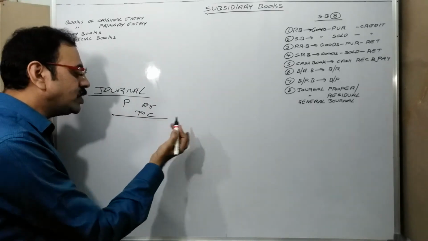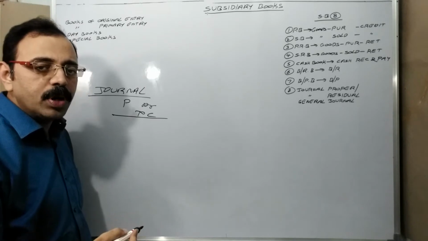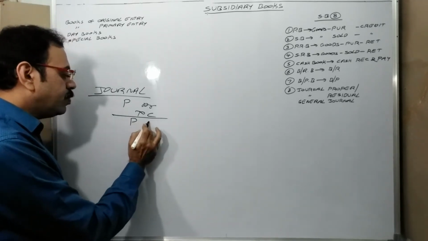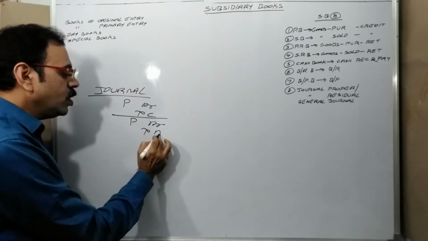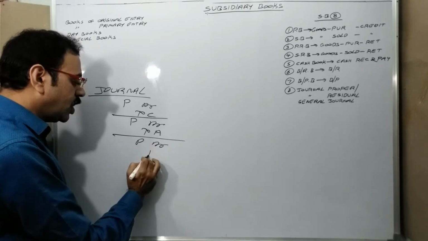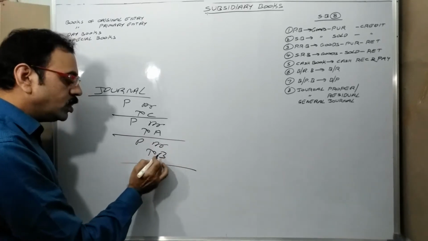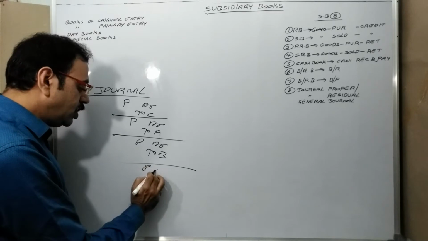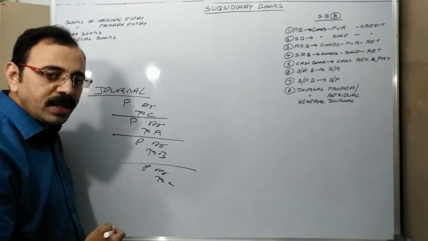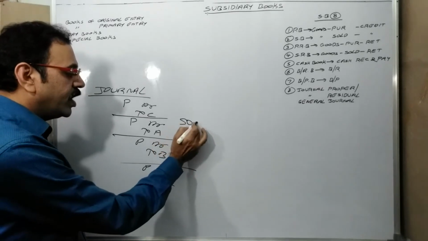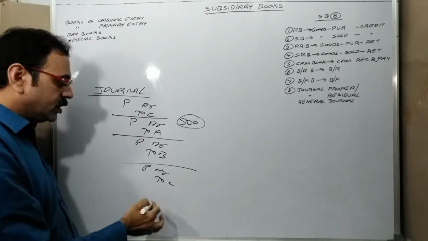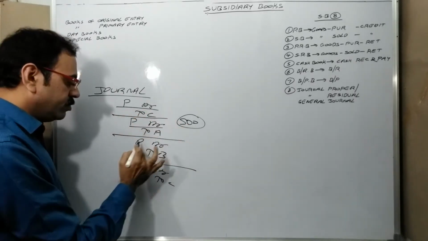If goods are purchased on credit, for example from A, then purchases account debit to A account. Goods purchased from B, purchases account debit to B. Goods purchased for cash, purchases account debit to cash. How many times are you going to write like this? 500 times. Observe, in all entries, the debit account is common.